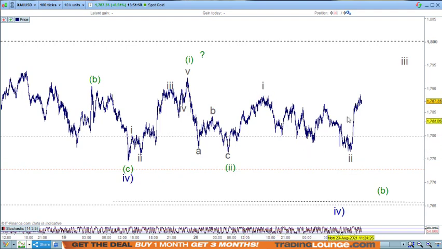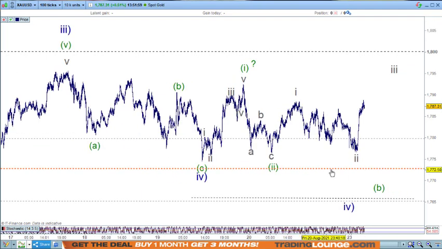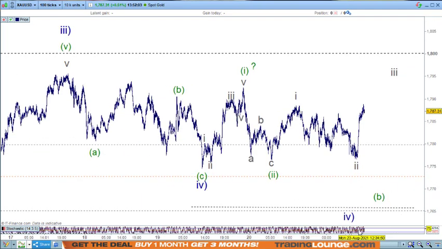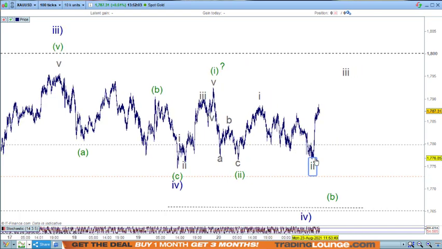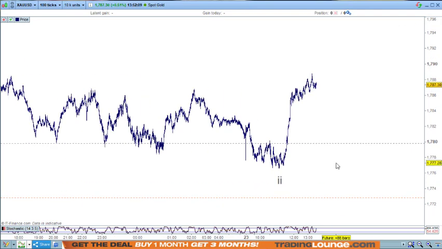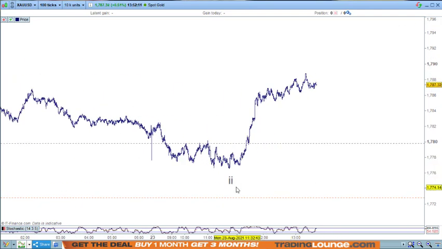But I have to say this wave 2 here is a little bit big compared to wave 1. We can still work it, but I'm kind of thinking, oh, maybe not. So we'll see. But we do now have a nice impulse wave for all of this, so we could count 5 waves up. I'm not quite sure what low we should take it from.